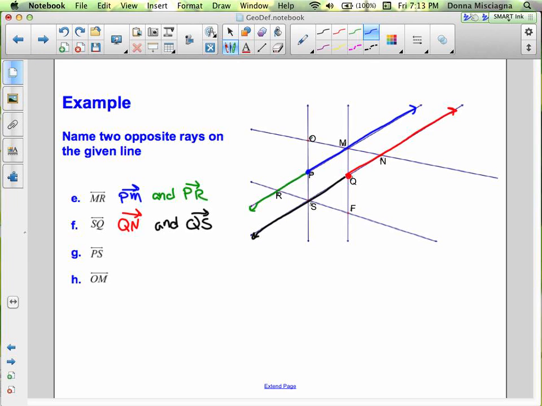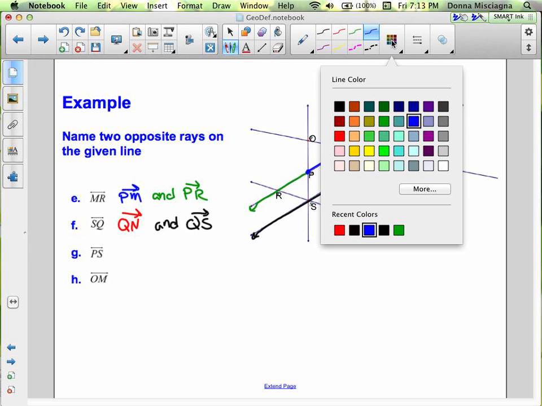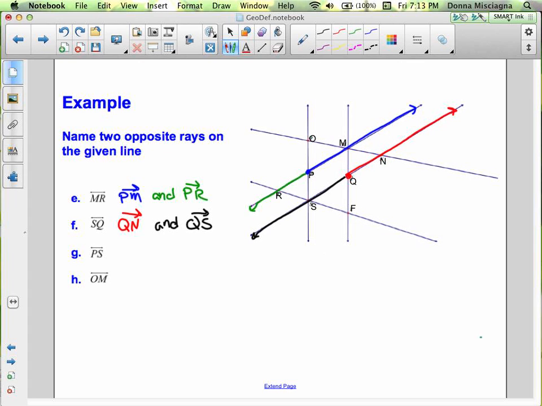Next, line PS. I'm going to use a different color. Try to use different colors all the way through here. I'm going to start at P and go in the direction of S. So we've got ray PS.